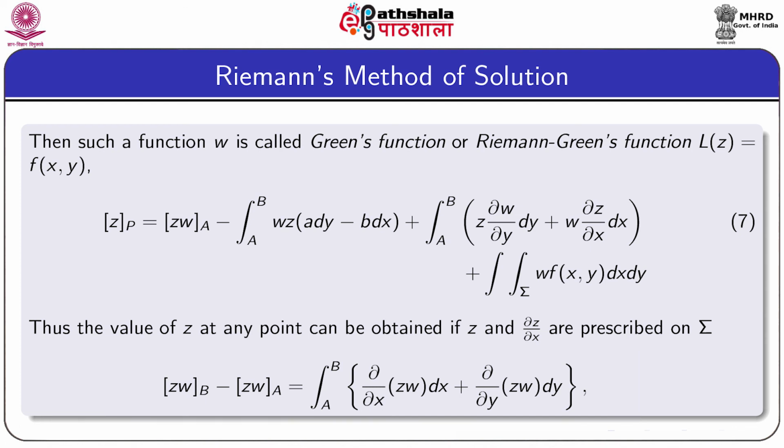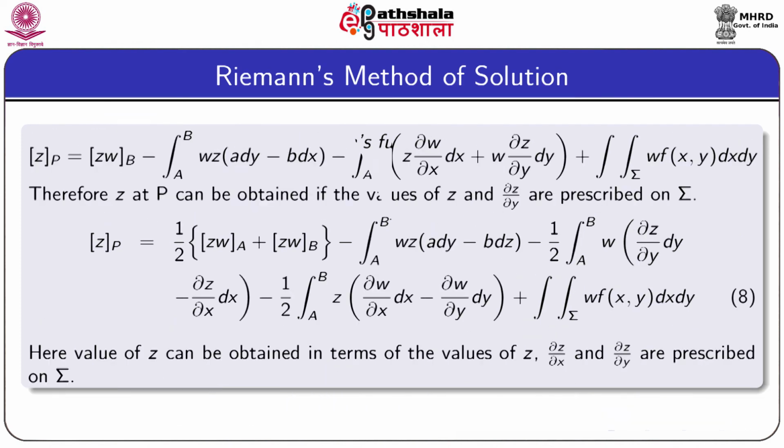So, using this relation we can obtain another value of z at P, which is written in equation number 8. Therefore, z at P can also be obtained if the values of z and ∂z/∂y are prescribed on sigma.